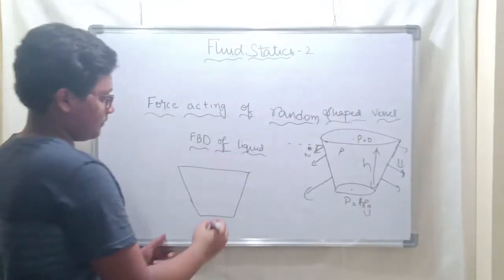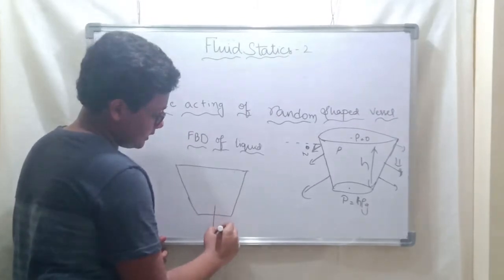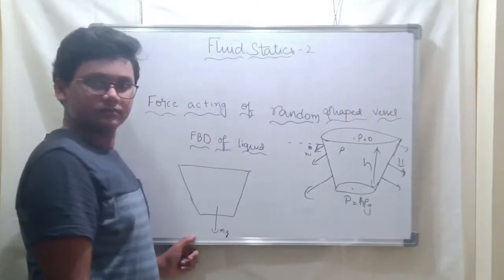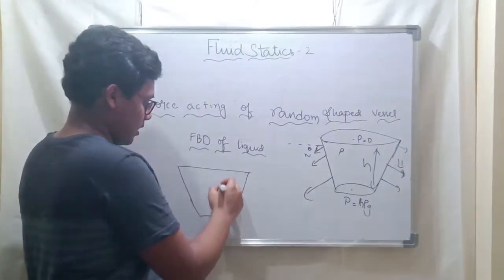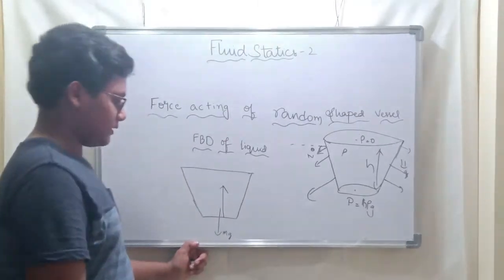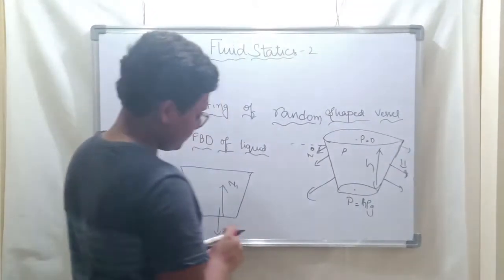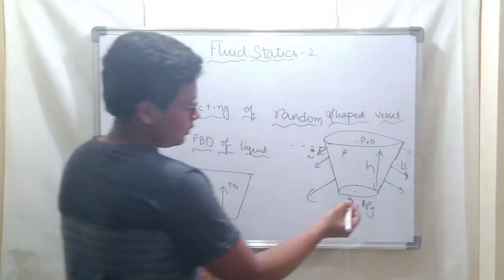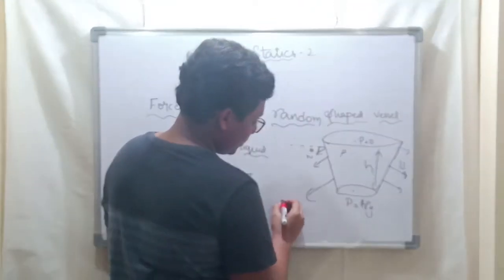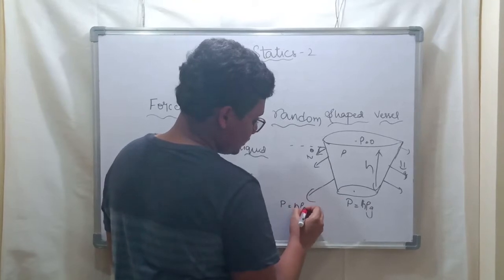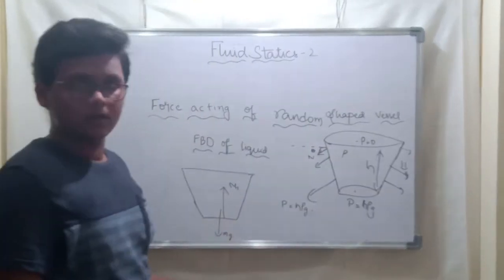In this, mg is acting in this direction, N1 is acting in this direction, and at this point we know that the pressure is P equals h rho g.